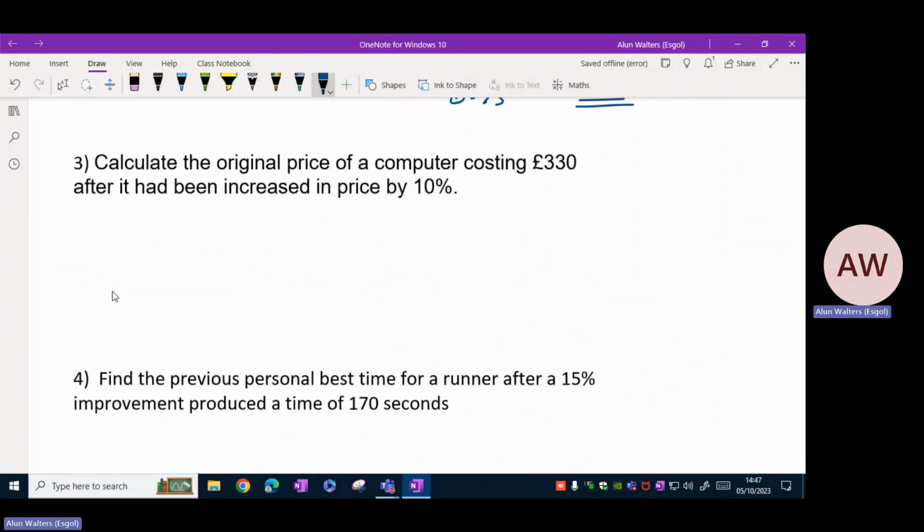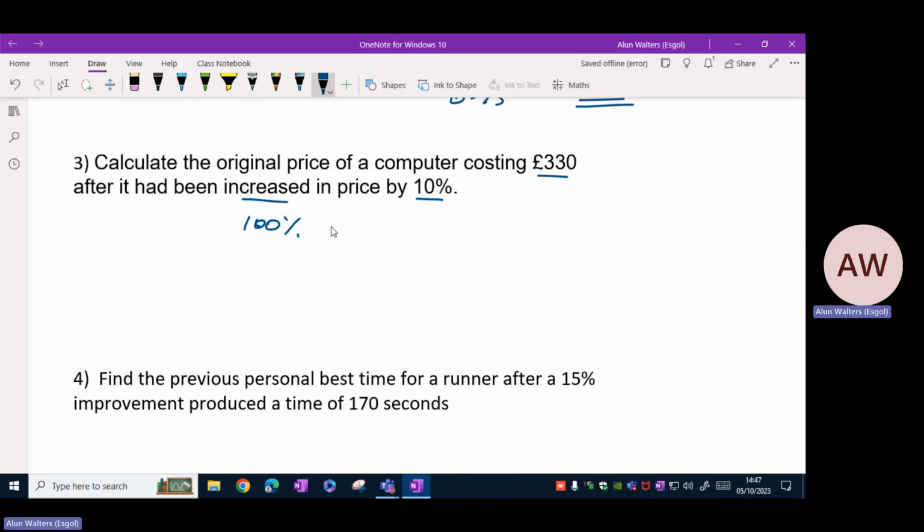Question 3 and 4, pause the screen, have a go at them. Okay, this question we've increased by 10% to get to that figure. So I am going to say 100%.